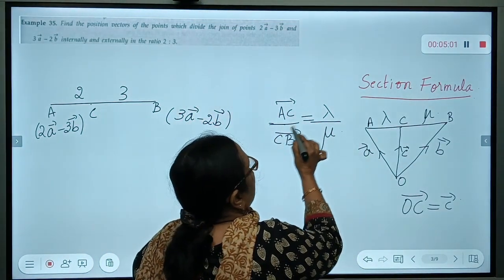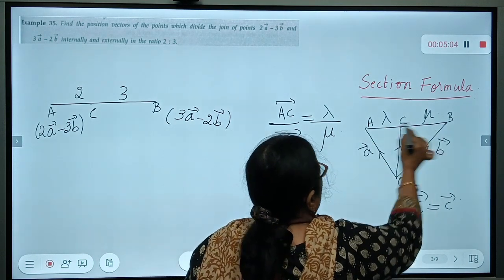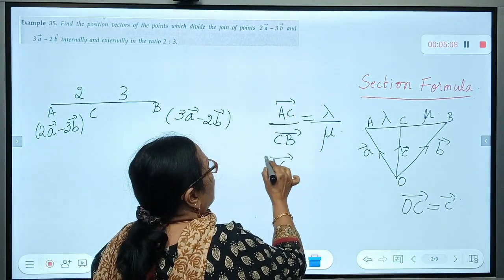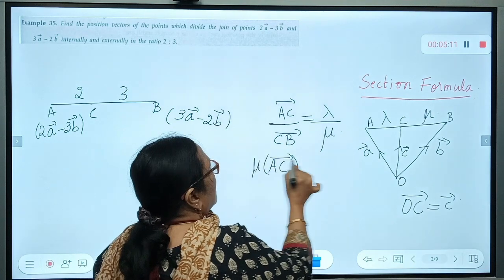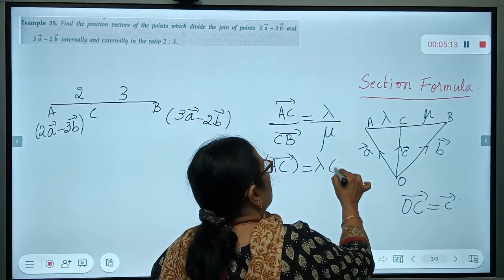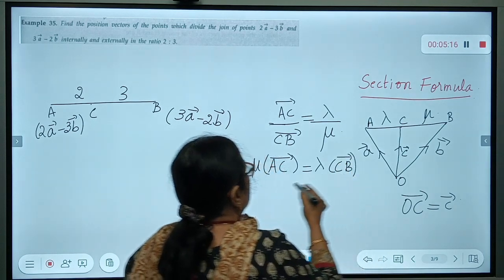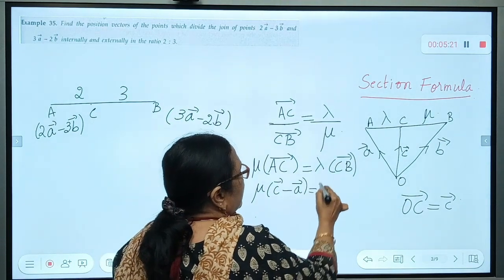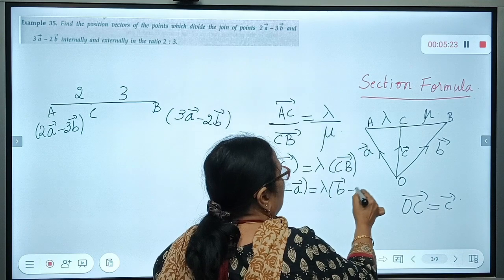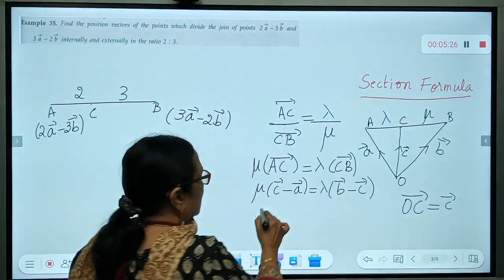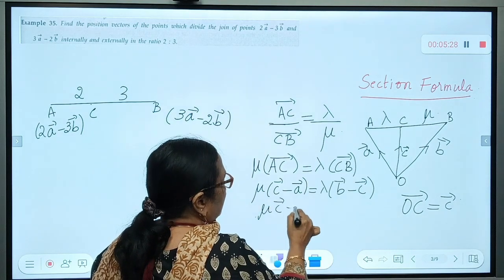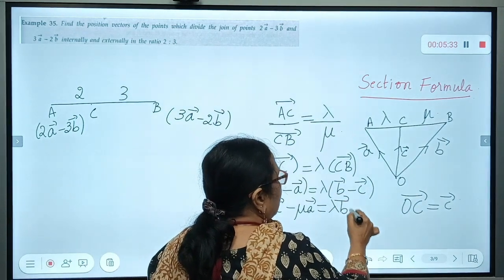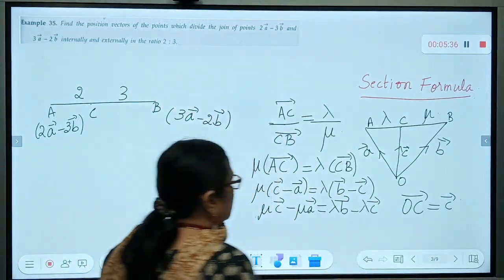Now AC vector by CB vector, as you can see, is lambda by mu. So AC vector into mu will be equal to lambda times CB vector. So mu times C vector minus A vector equals lambda times B vector minus C vector. So mu times C vector minus mu times A vector will be lambda times B vector minus lambda times C vector.